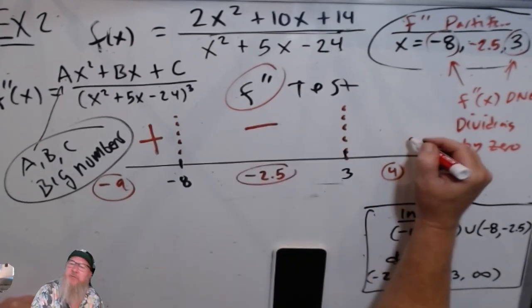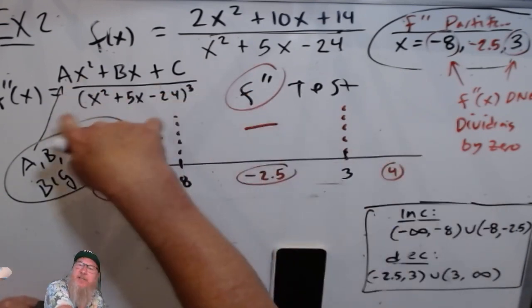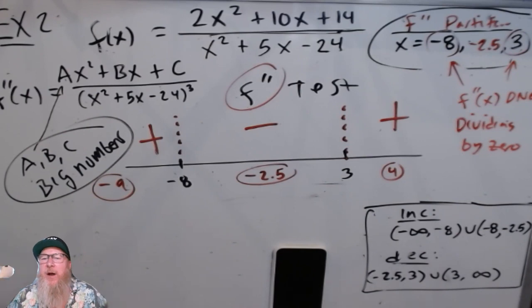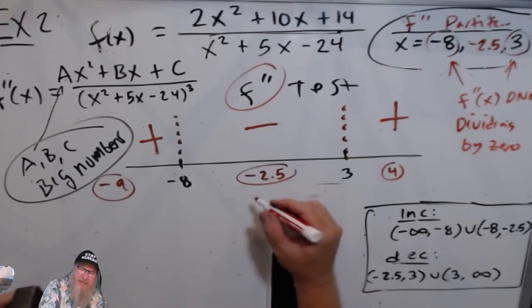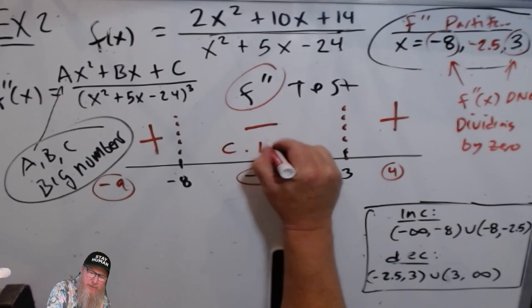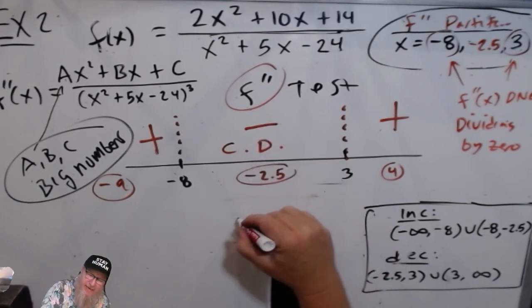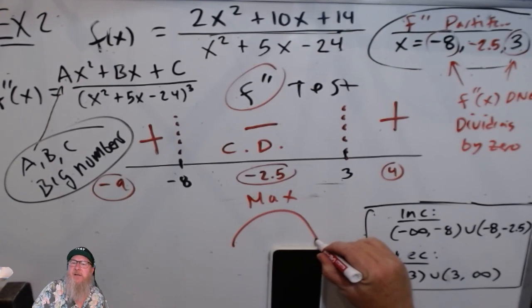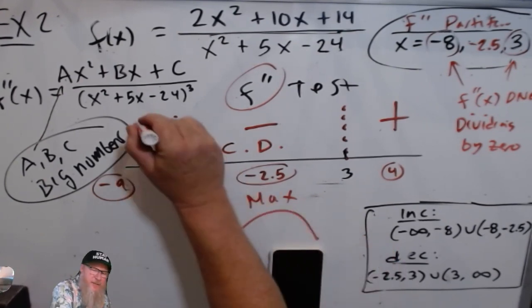And then plug in 4 over here, again, into all of these x's, and you will get a positive number. I don't care what number you get. You just get some positive number. So that means that this is concave down. So this is like this. It's a max, concave down. This is concave up.